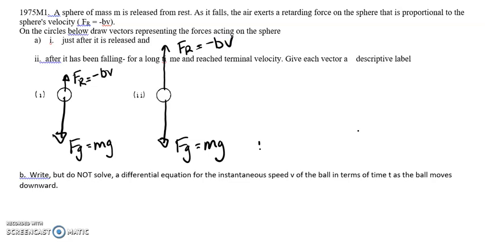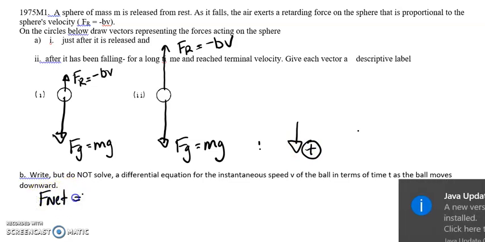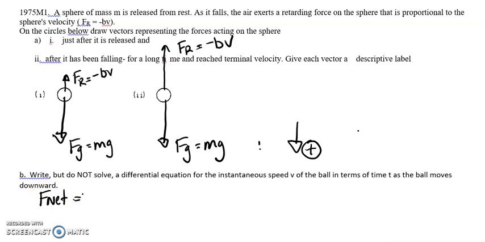They're so fun. Cool. So now let's write, but not solve, a differential equation for the instantaneous speed v of the ball in terms of time t as the ball moves downwards. Great. For these problems, we're always going to say the downwards direction is positive. So I'm going to set up F net. F net is going to be equal to the forces acting on it.